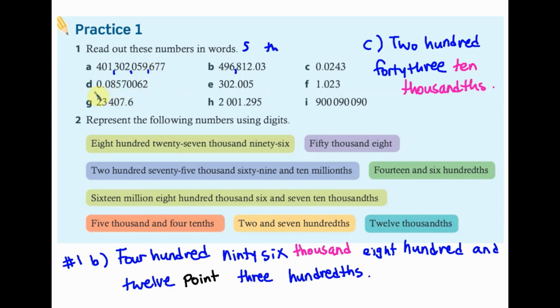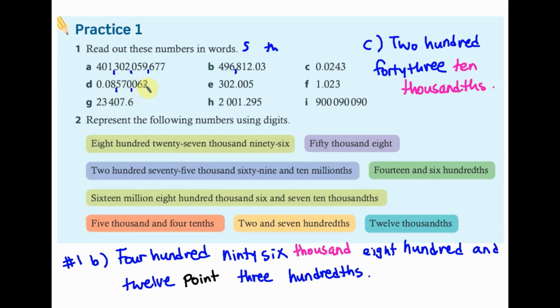Part D, since this is very small number, I'm going to cut these numbers in every third digit. Remember, this is your ones. So here's tens, here's hundredth. I'm going to put the comma right here so that I can read it. Then it goes 10,000, 100,000, and then it will be million.